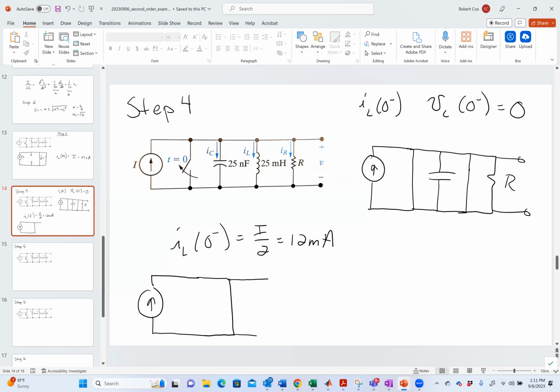So I have the inductor like a current source, right? And then the resistor is like a resistor. Now, this is IL of 0 minus. But basically what I have here is I here, and I over 2 here. So how much current is going through the inductor?